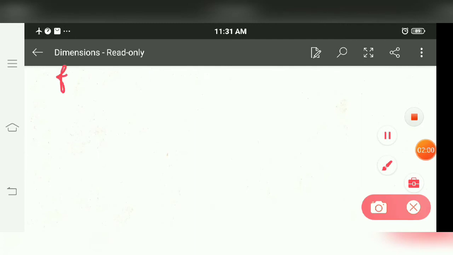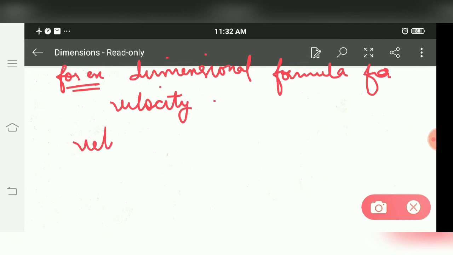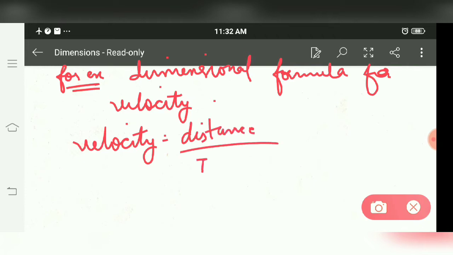So, let me show an example for dimension. For example, we have to write the dimensional formula for velocity. As we know, velocity is equal to distance by time, where dimension of distance is length and dimension of time is T. So both have power 1 each.